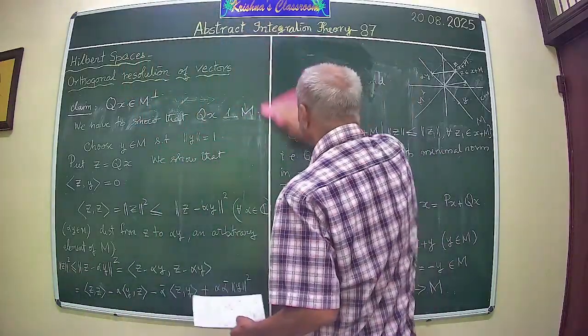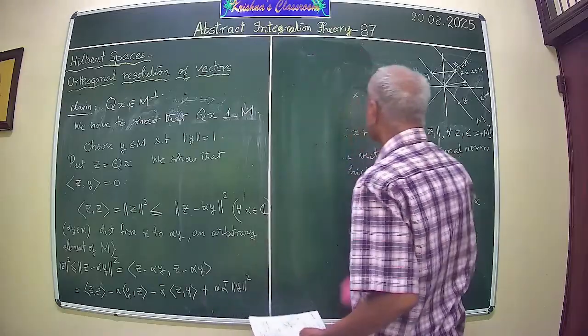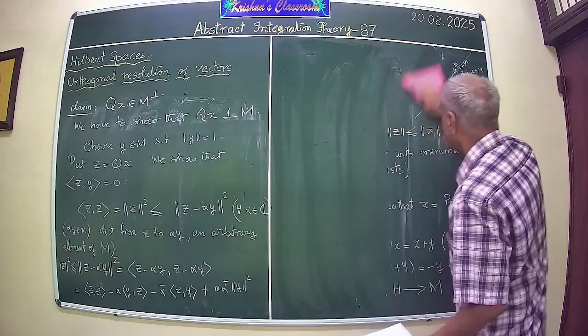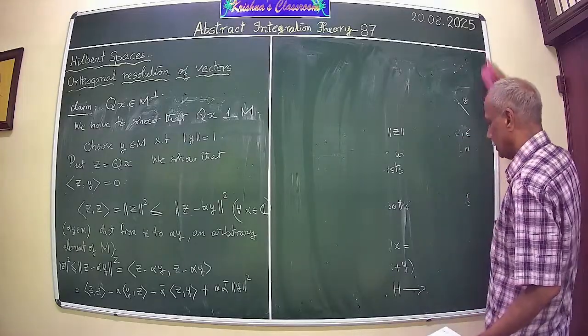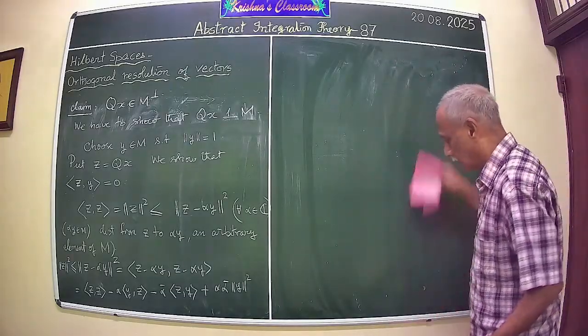Now we make a specific choice of alpha. So this inequality is true for any choice of alpha.